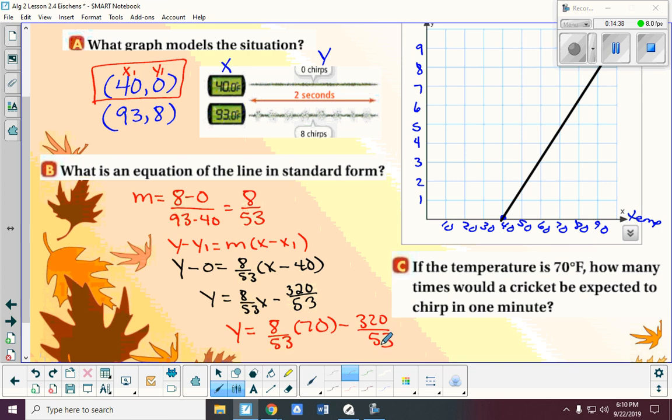And when we substitute that in and punch it out, 8 over 53 times 70 minus 320 over 53, we get 4 and 28 over 53, so about 4.5 is our answer there, which is about what we approximated here when we looked.